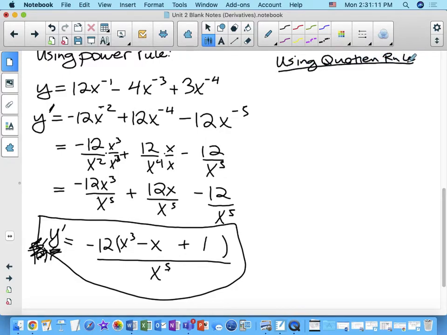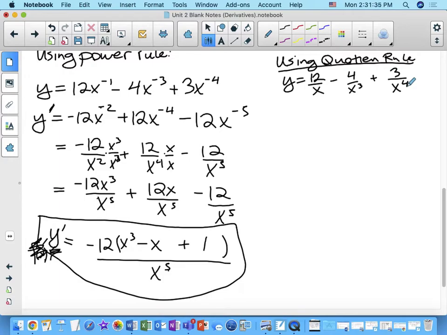Okay, so we had y equals 12 over x minus 4 over x cubed plus 3 over x to the 4. Here the LCD would be x to the 4 in the original function.